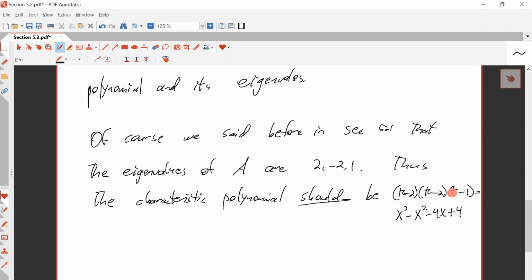So that should be the characteristic polynomial, but let's verify that.